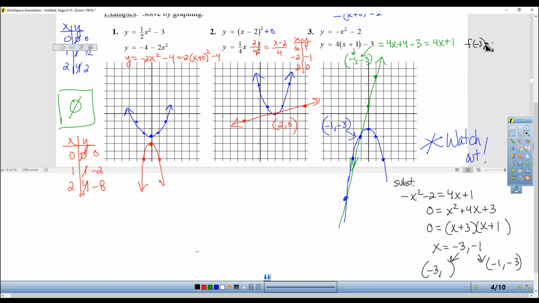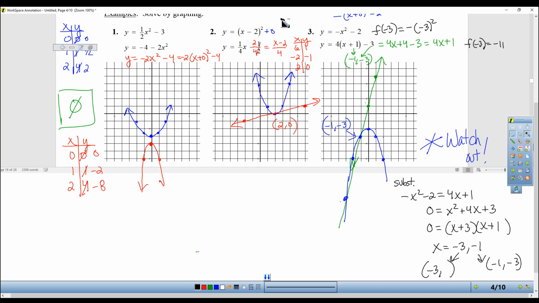f of -3 for the line would give me -11: 4 times -3 plus 1. And f of -3 for the parabola. Now that negative is not part of the square. You're only squaring the x value and then doing the negative.